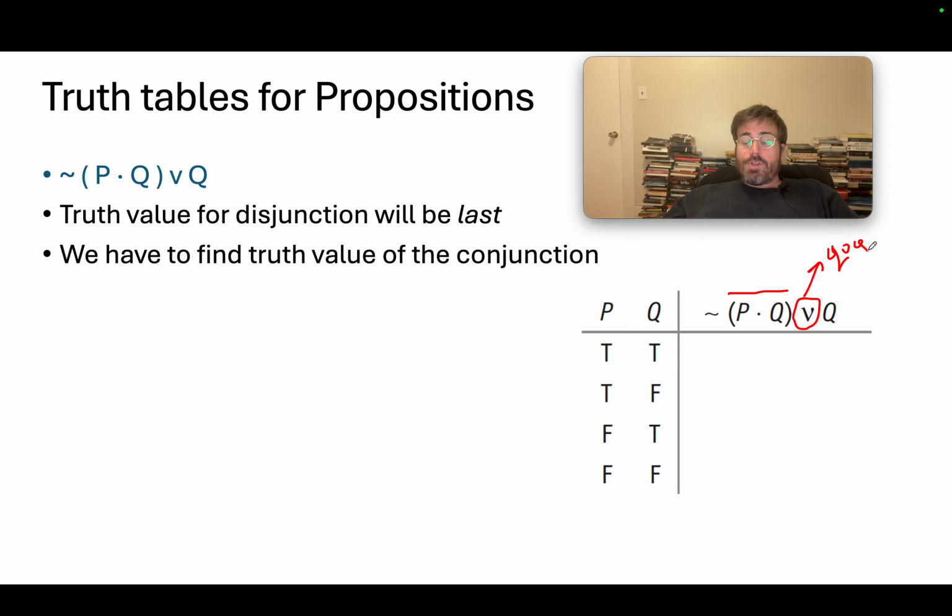Sorry for the repetition here, but I do believe it is helpful to repeat these steps. We have to find the value of dot, and then once we find dot, we're going to negate it, right? This negation is a negation of dot.